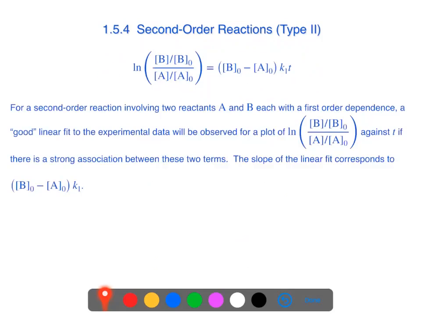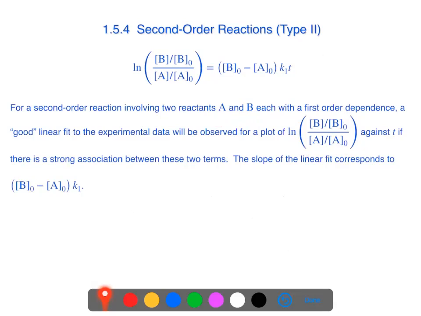And so for a second order reaction involving two reactants A and B, each with a first order dependence, a good linear fit to the experimental data will be observed for a plot of the ln of this particular quotient against time.